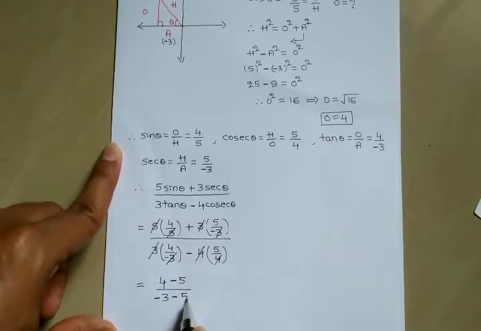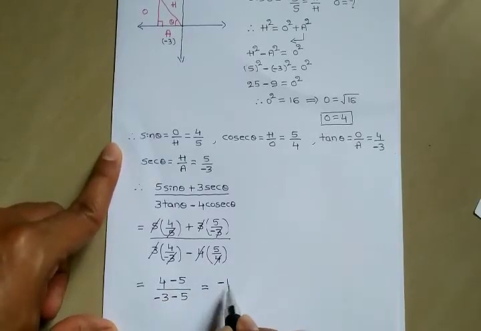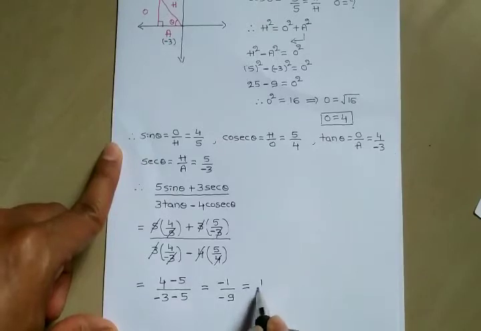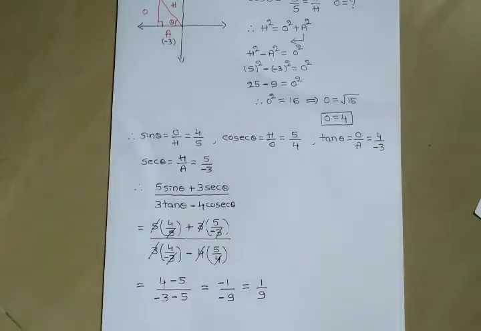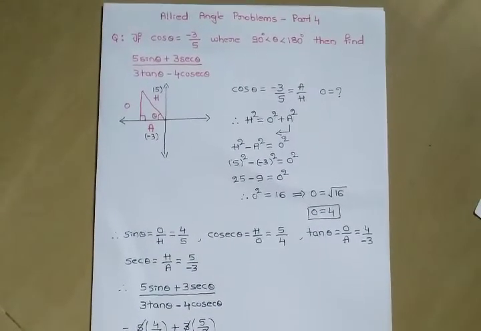The remaining value is 5. Therefore, 4 minus 5 is minus 1, divided by minus 3 minus 5, which is minus 9. Minus divided by minus is plus. So the final answer is 1 upon 9.